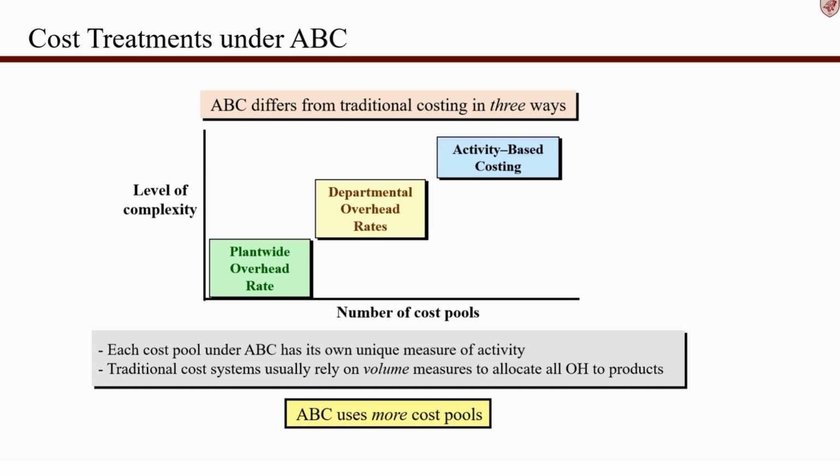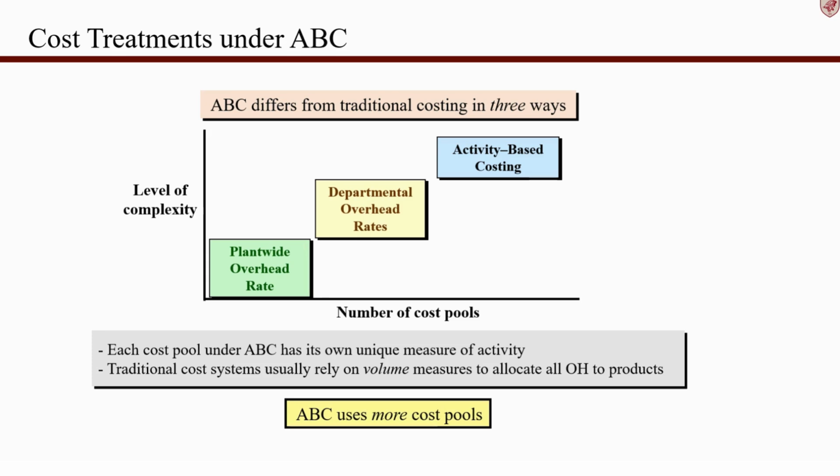So here you see a graph where on the x-axis you see the number of cost pools, and on the y-axis you see the level of complexity, right? So the first traditional costing system that we focused on was the plant-wide overhead rate, the single overhead rate. And then we looked at a little more sophisticated overhead rate, which was the departmental overhead rate, right? Like the assembly department versus the molding department, let's say.